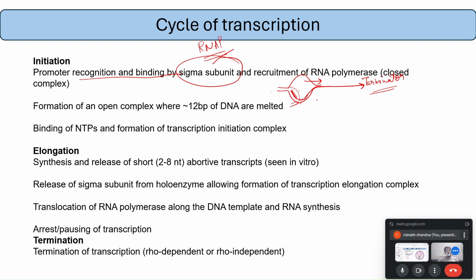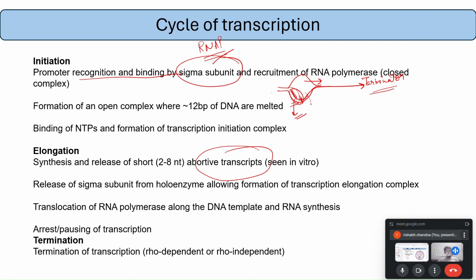And there is a process called abortive transcription. What happens is, after addition of 8 to 10 nucleotides, the RNA polymerase slips down, and these particular RNAs are released, and this leads to abortive transcription.